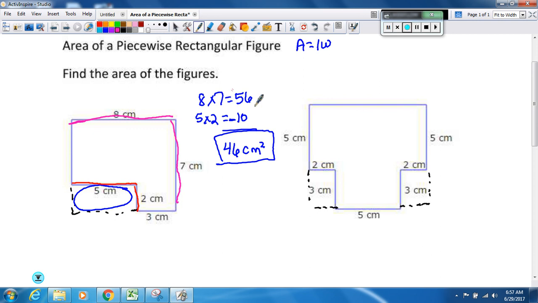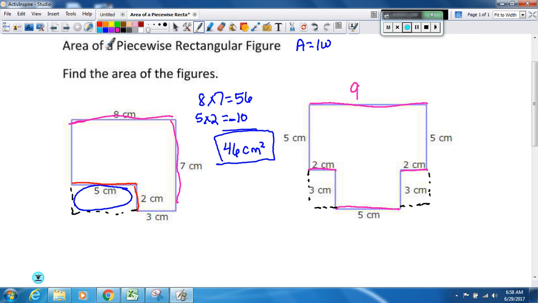Any line segments going in this horizontal direction have to be added together to get the entire length of the rectangle. So 2 plus 2 plus 5 is 9.